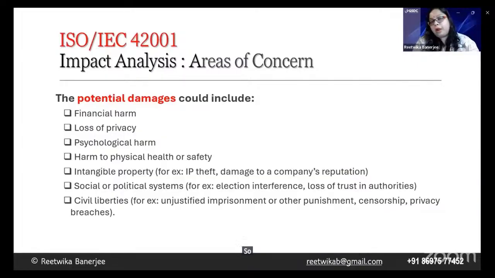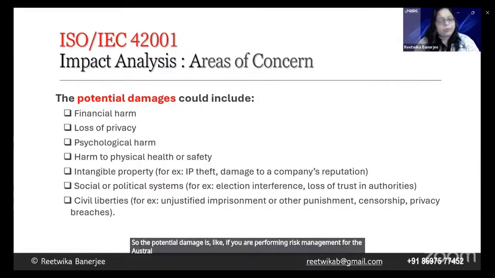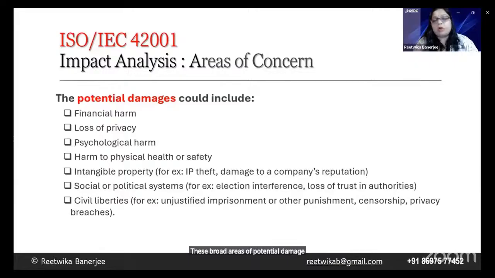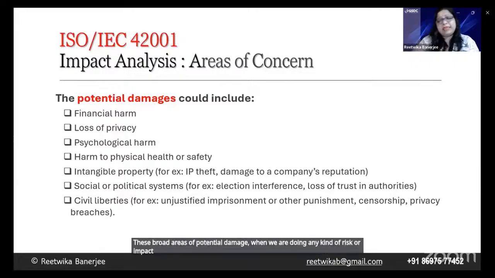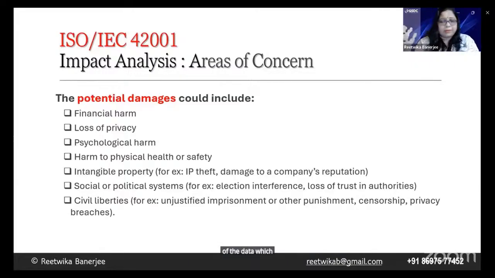The potential damages, like if you are performing risk management for the ISO 27001 standards, or if you have been doing it for a privacy impact assessment, there are certain potential damages which we generally look through, and then we try to find the harm or the potential areas of loss in those domains, right? So here also ISO 42001 lists out these broad areas of potential damage when we are doing any kind of risk or impact analysis of the data which has been collected or processed, or whatever we have done with this set of data.